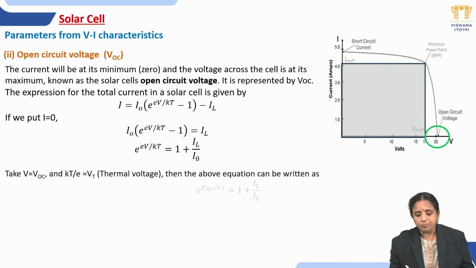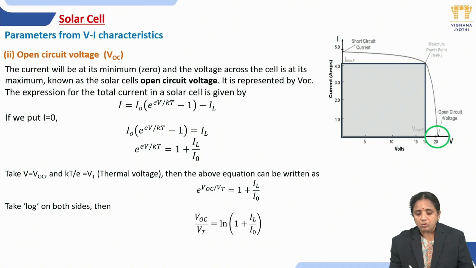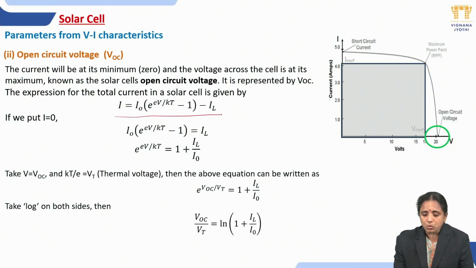And the open circuit voltage is the maximum voltage developed across the cell when the current is minimum. Again, this is the main equation which we are using. When we put I equal to 0, we get VOC by VT equal to log of 1 plus IL by I naught.